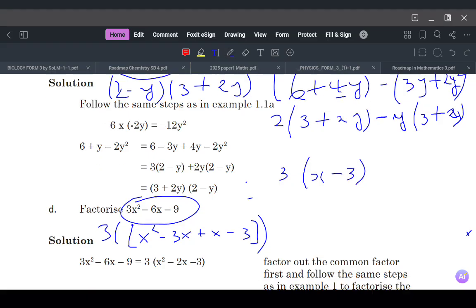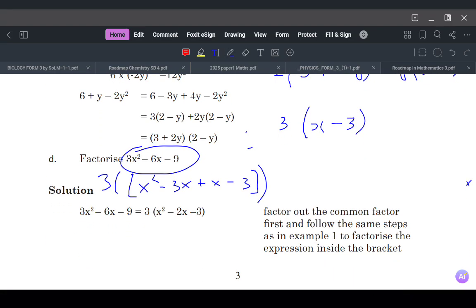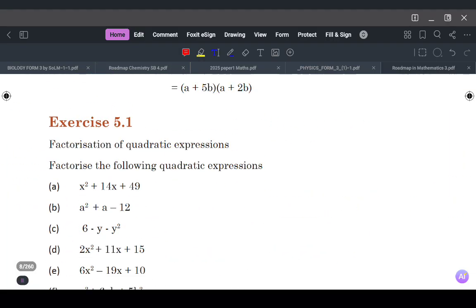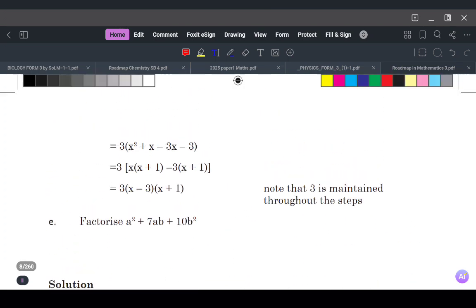Sorry, let me take you back. Yeah, so the final factors will be 3 open bracket x minus 3 times x plus 1.